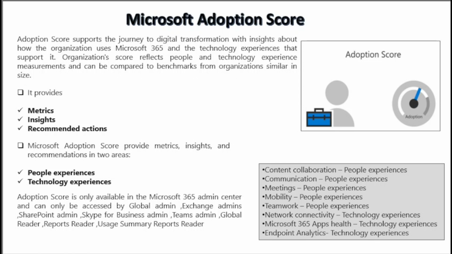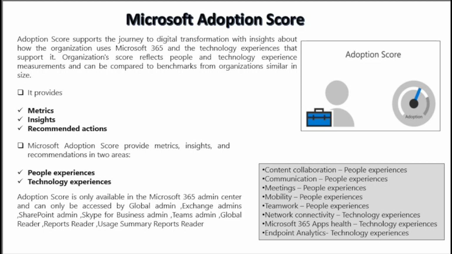Your organization score reflects people and technology experience measurements and can be compared to benchmarks from organizations of similar size. It provides metrics which help us see where we are on our digital transformation journey.